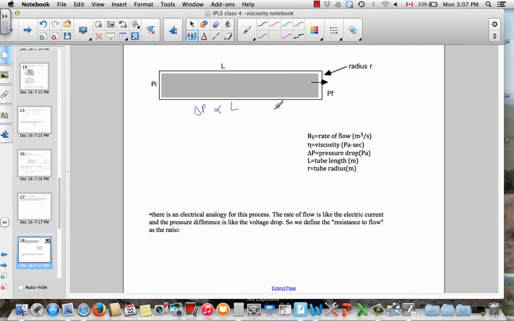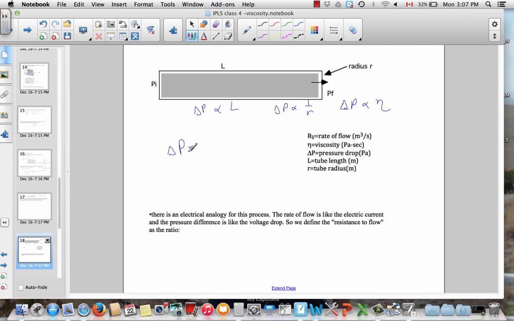It should vary inversely with the radius of the pipe, because as the radius gets smaller, it should take more pressure to put the fluid through. And it depends on a couple of other things. It depends on how sticky the fluid is as well. And we expect that it would take more pressure, a bigger pressure difference, to push a sticky fluid through.